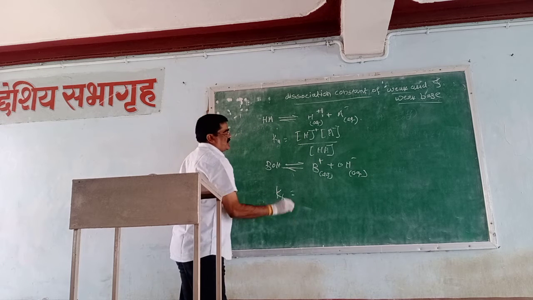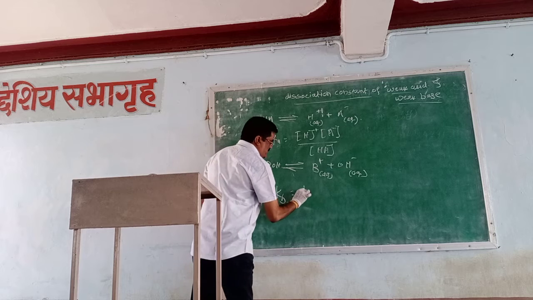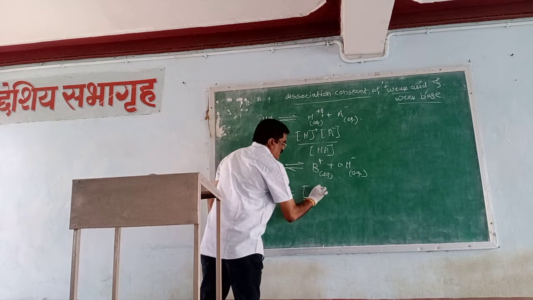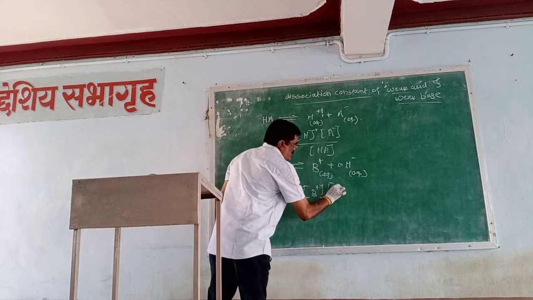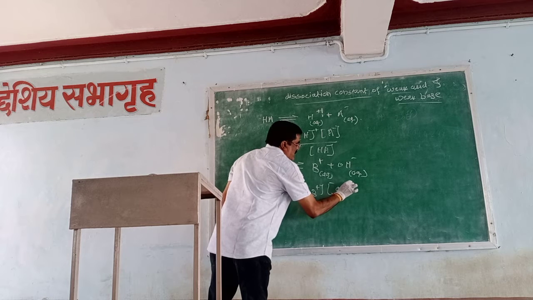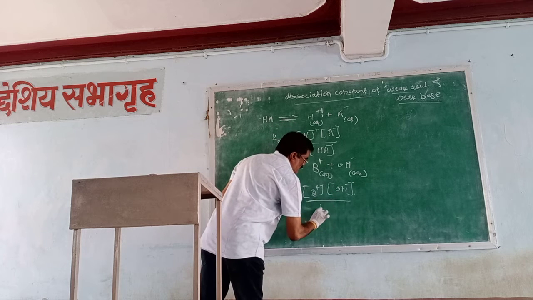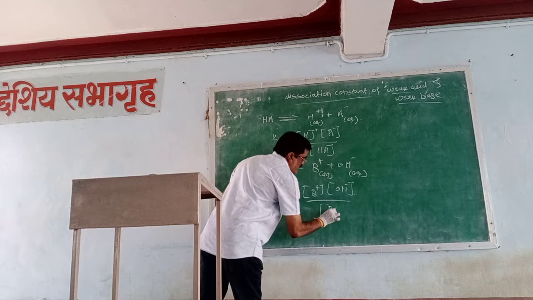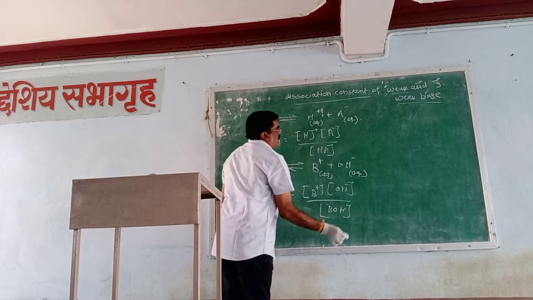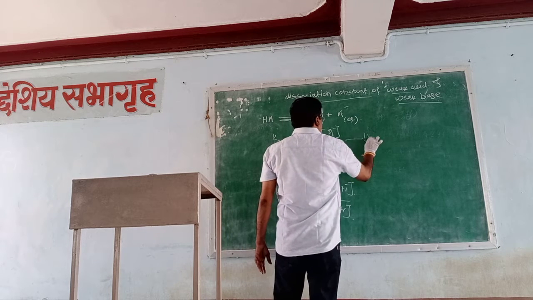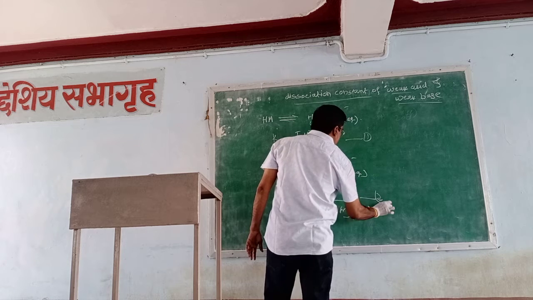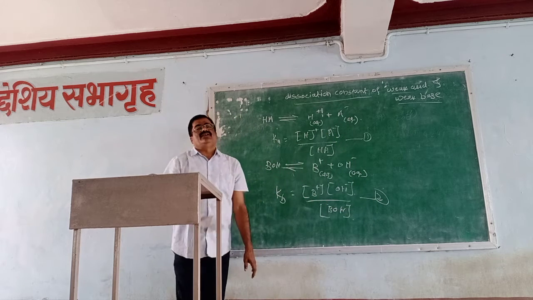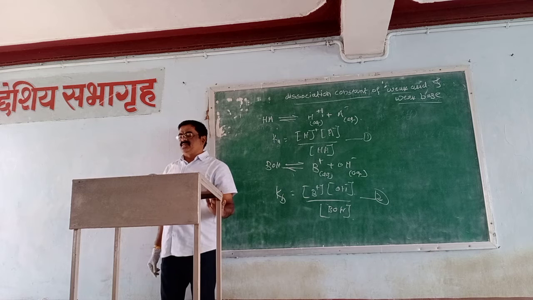By applying the law of mass action, Kb is the molar concentration of B plus into the molar concentration of OH minus divided by the molar concentration of BOH. This is the dissociation constant of weak base.